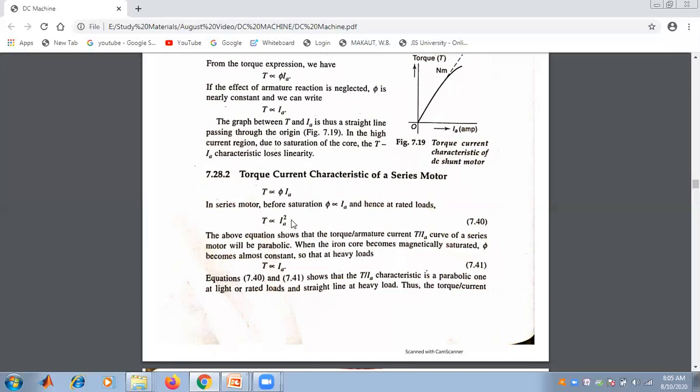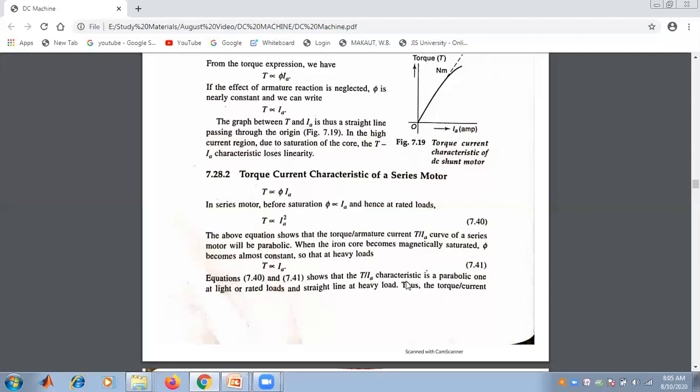So the above equation shows that the torque versus armature current curve of a series motor is parabolic in nature.